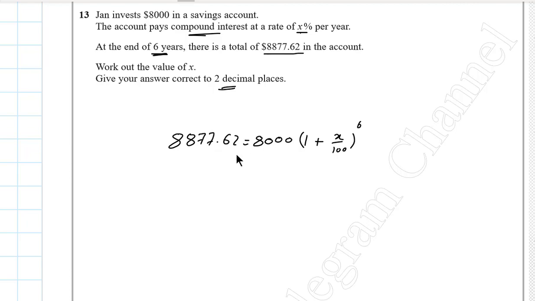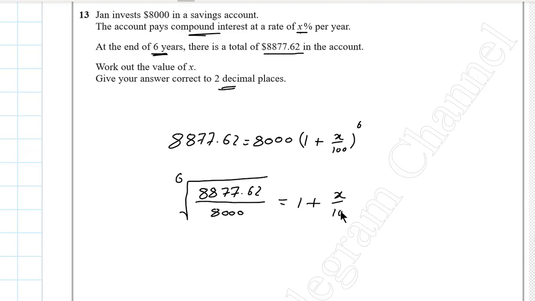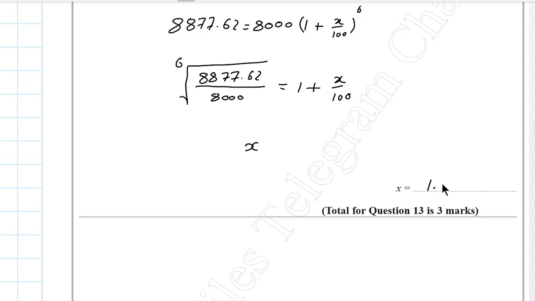So first of all, I will divide this number by 8,000 and then take the sixth root to eliminate the power 6 here. 8,877.62 divided by 8,000, and I will get the sixth root of this. It should be 1 plus x over 100. We can get x to be 1.714.